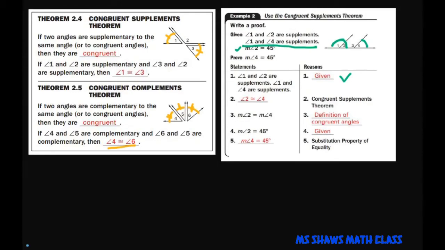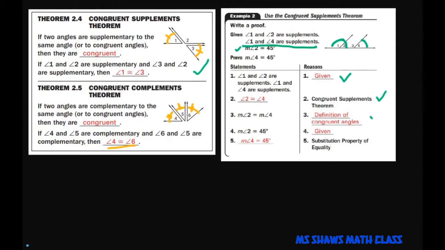And so therefore, angle 2 is congruent to angle 4 because they're supplements. And that is this theorem here, the congruent supplements theorem. Therefore, the measure of angle 2 equals the measure of angle 4.